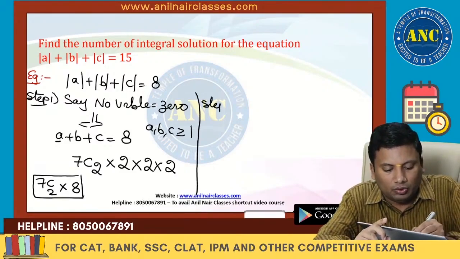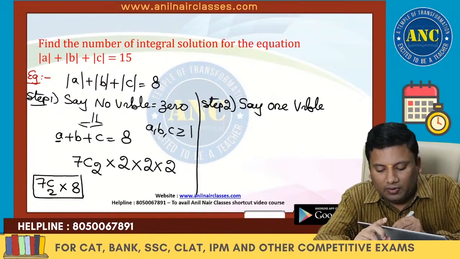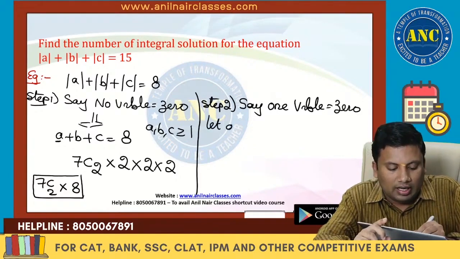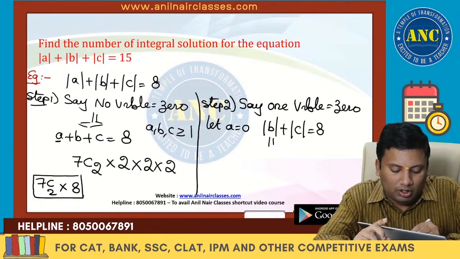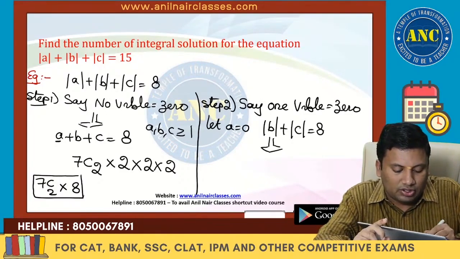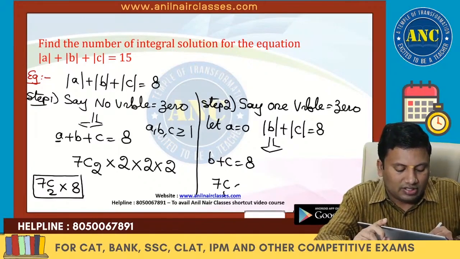Step number 2. Say one variable is equivalent to 0. Let a be 0. |b| + |c| = 8. Modulus always returns a positive value, so it is b + c = 8. 8 means 7c1.